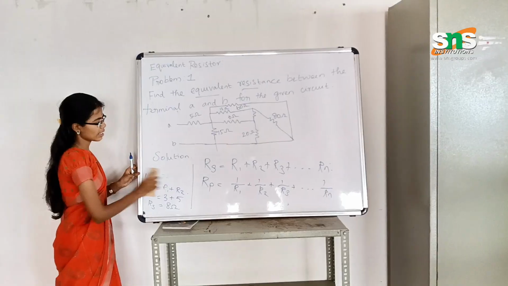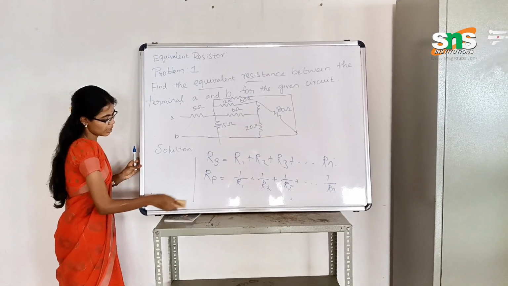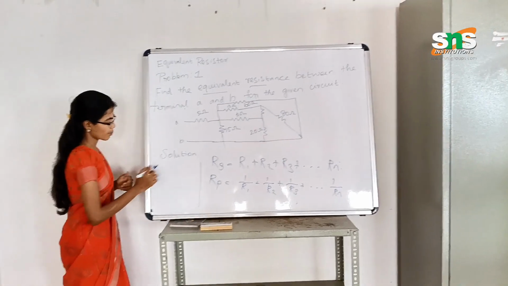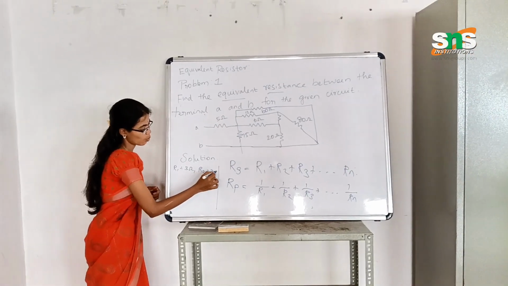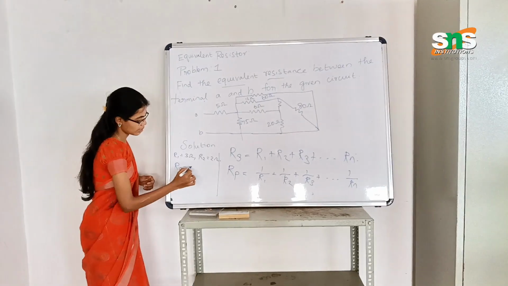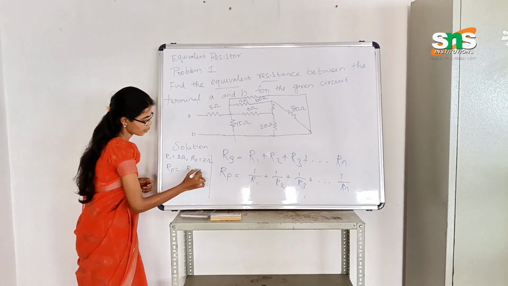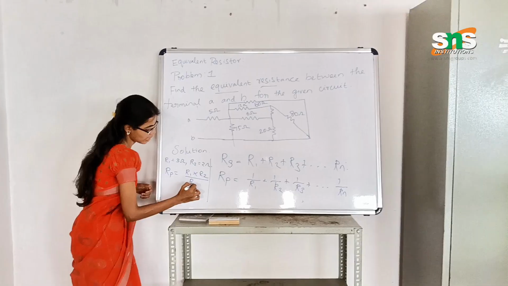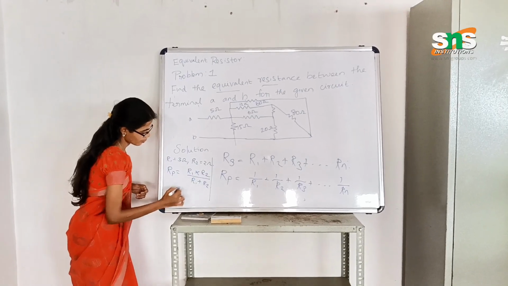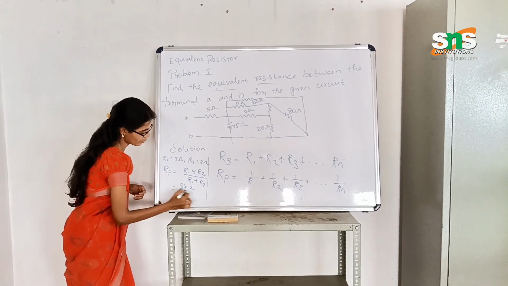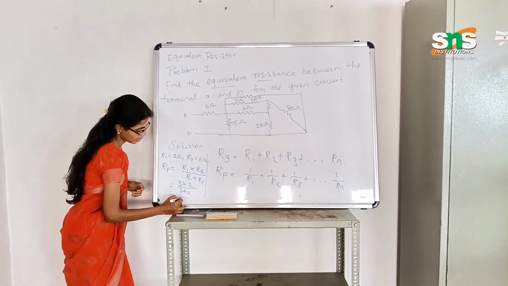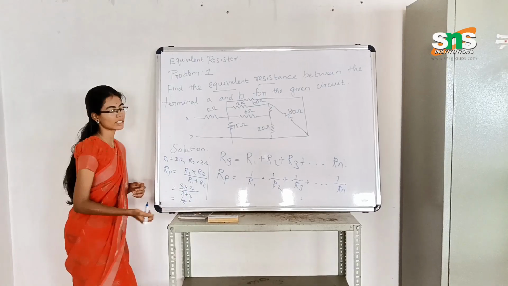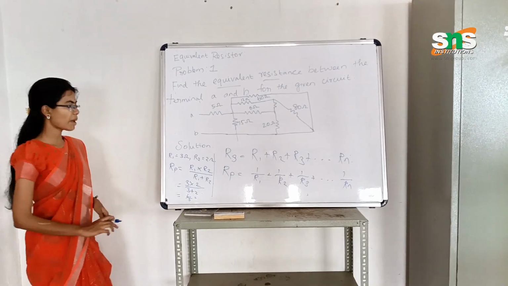Likewise, you can use the formula for parallel also. R1 is 3 ohm, R2 is 2 ohm. In parallel, we know that R1 into R2 divided by R1 plus R2. So 3 into 2 divided by 3 plus 2, that is 6 by 5.